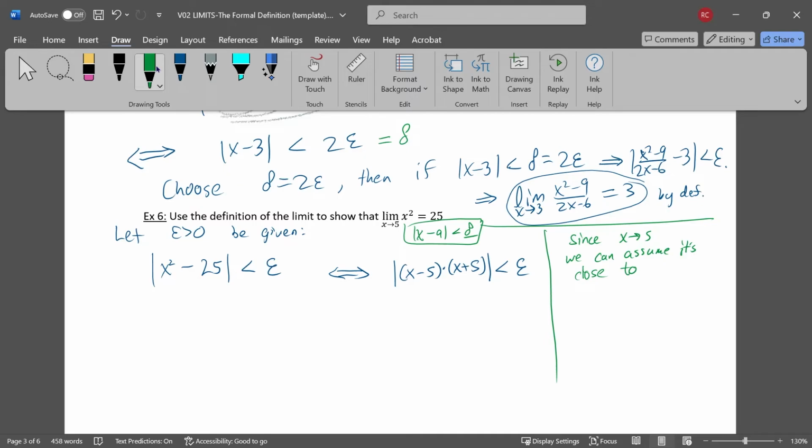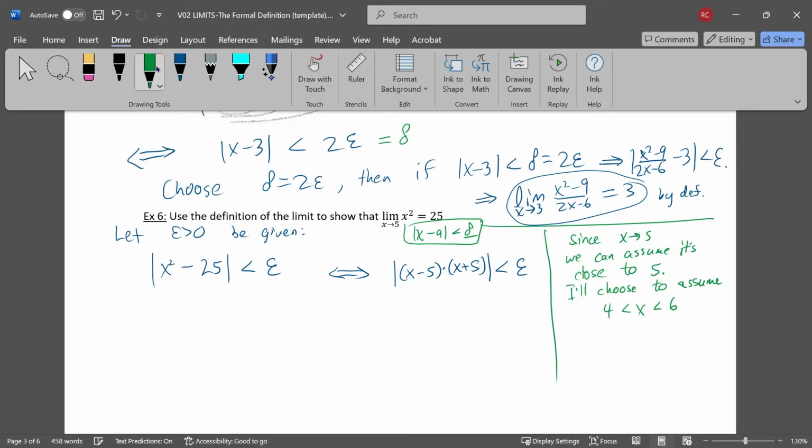When we're talking about a limit, we're caring about what's happening right near 5. And we can kind of pick how near we want to look at when we're thinking about these limits. So I'll choose to assume that x is between 4 and 6.